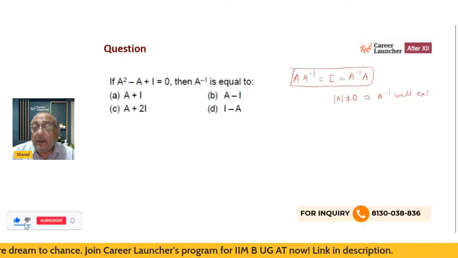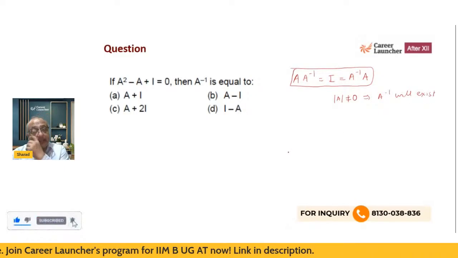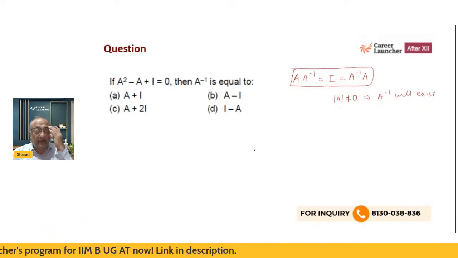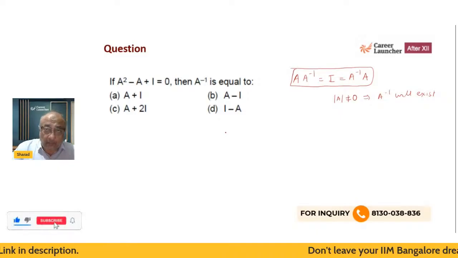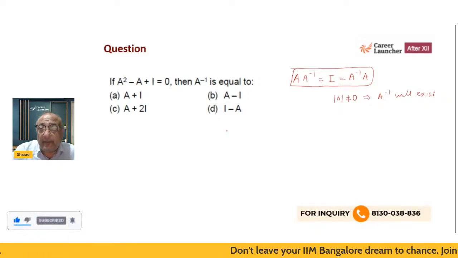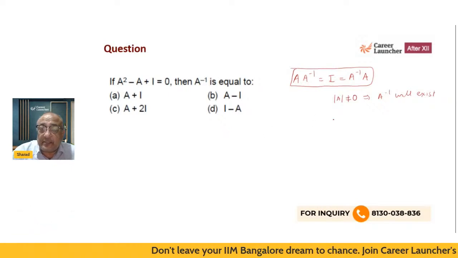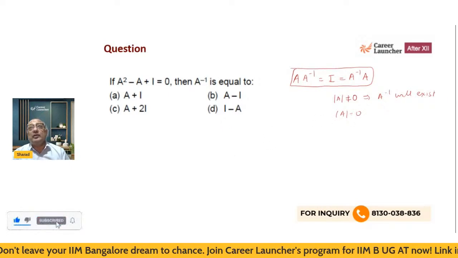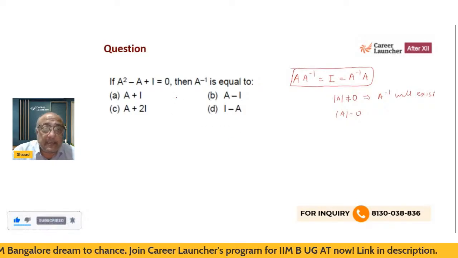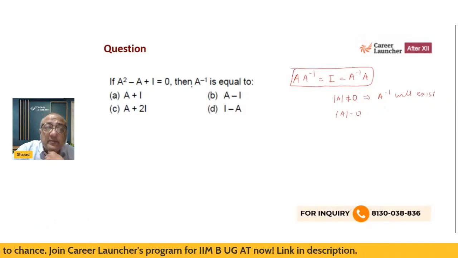If determinant of A is 0, then A inverse will not exist. So that is how you have to remember. And where determinant of A is equal to 0, we call those matrices non-invertible or singular matrices.